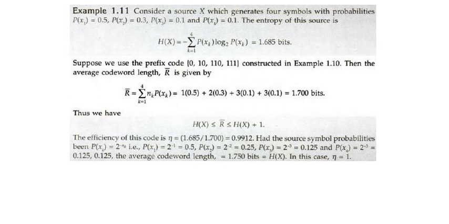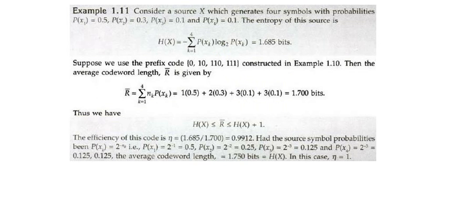Since we are using binary symbols, we are taking base 2. If you are using other kinds, the base and units will change correspondingly. So, here the entropy of the source is 1.685 bits.